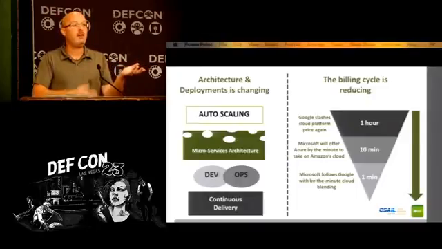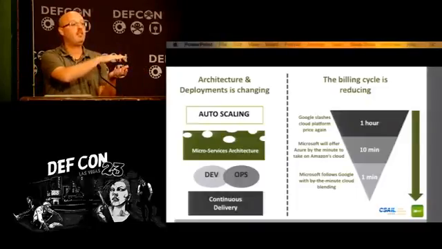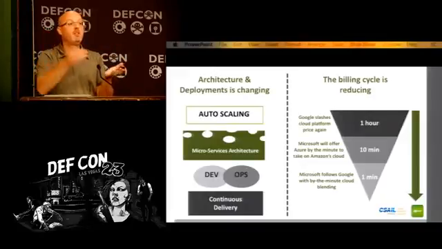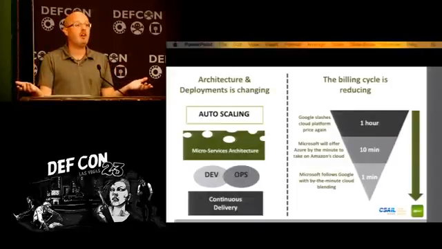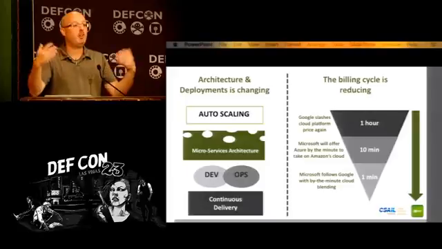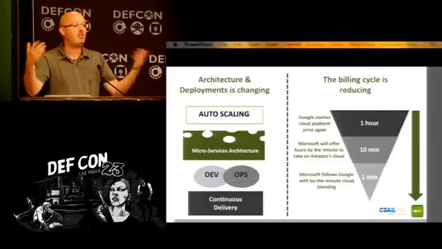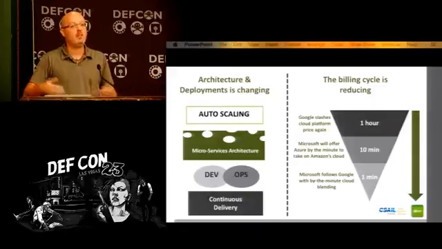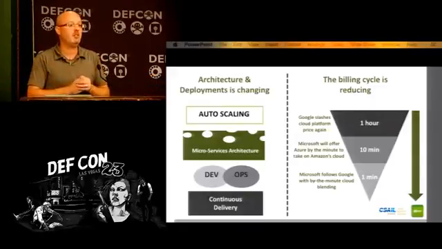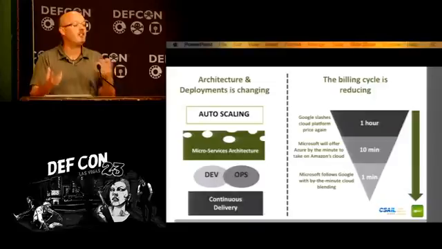We now have auto-scaling: once your server hits 80% CPU load, it will replicate itself automatically. We have entire environments spinning up, like 200 servers at once, processing, and terminating after 10, 20 minutes or even an hour. It's not something we were used to on the traditional network. So it's an accelerated life cycle.